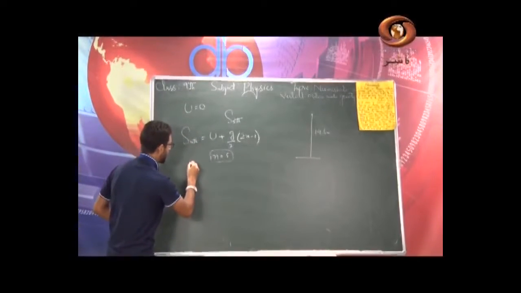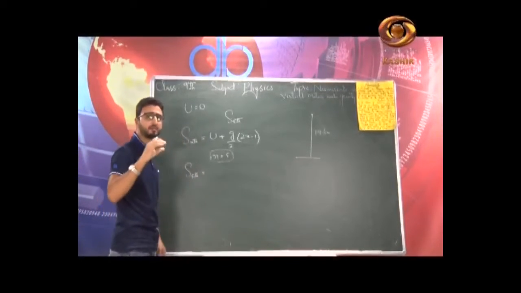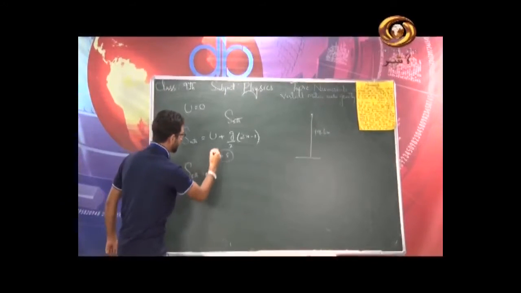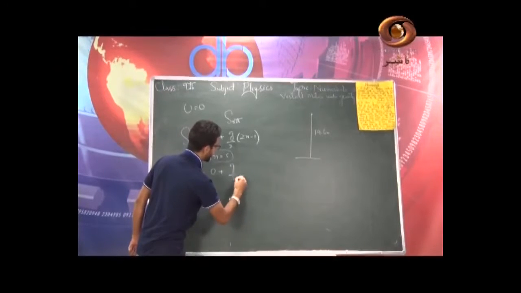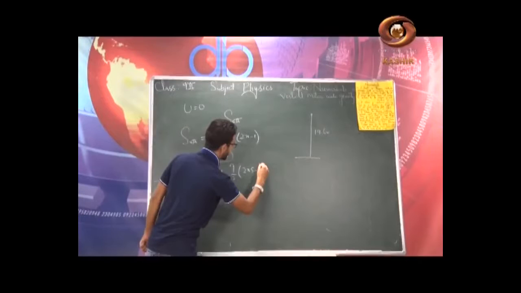So I will write s5th. g will be positive, so in place of u I write 0 plus g by 2 into (2 times 5 minus 1).